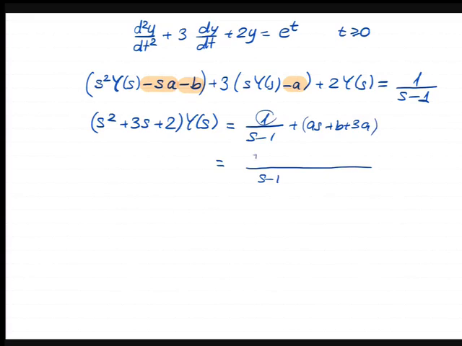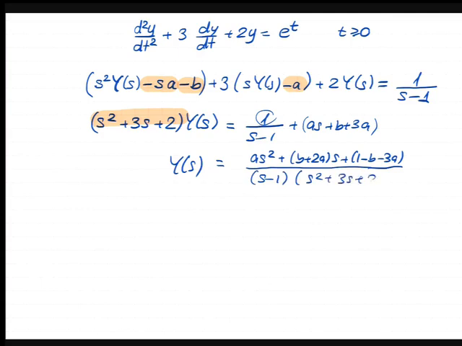And when the dust settles, this is what you end up with: (b plus 2a)s plus 1 minus b minus 3a, over s minus 1. This is the right-hand side simplified. I want to leave Y of s alone. That means moving this term into the denominator of the right-hand side. So I'm going to get this, over s squared plus 3s plus 2. All right?